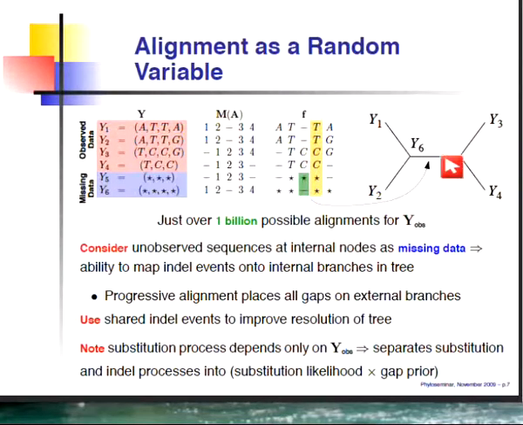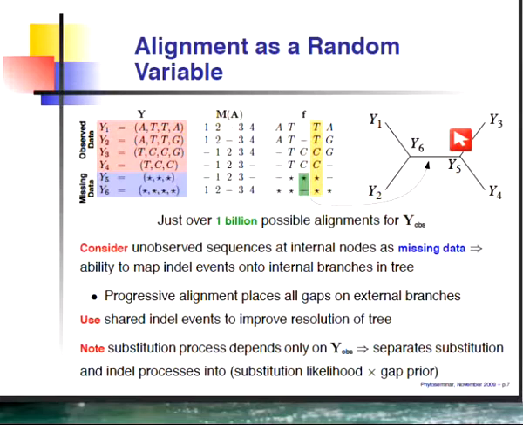However, there is no character at Y6. So somewhere in this history between Y5 and Y6, there was an insertion deletion event. So one of the advantages of this type of data augmentation is we're now able to pinpoint on the tree where the insertion and deletion events occurred.